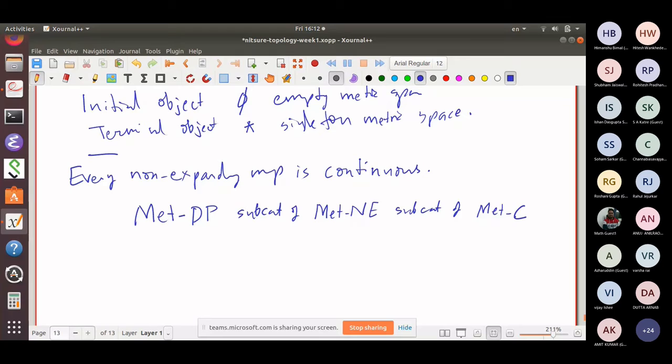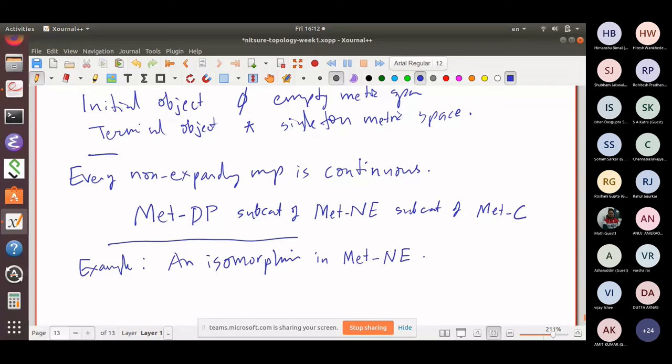So let us establish this once and for all with an example. Okay, first of all, let me say that an isomorphism in Met non-expanding is just an isomorphism in Met distance preserving.